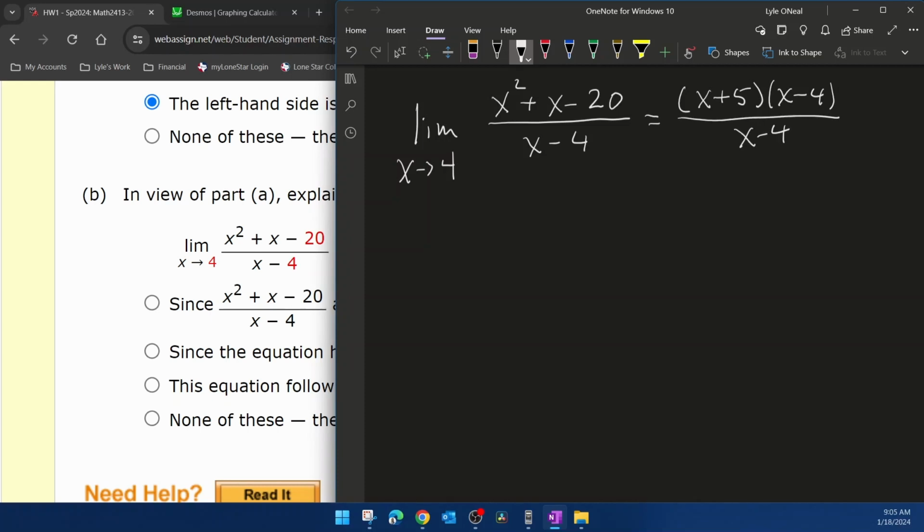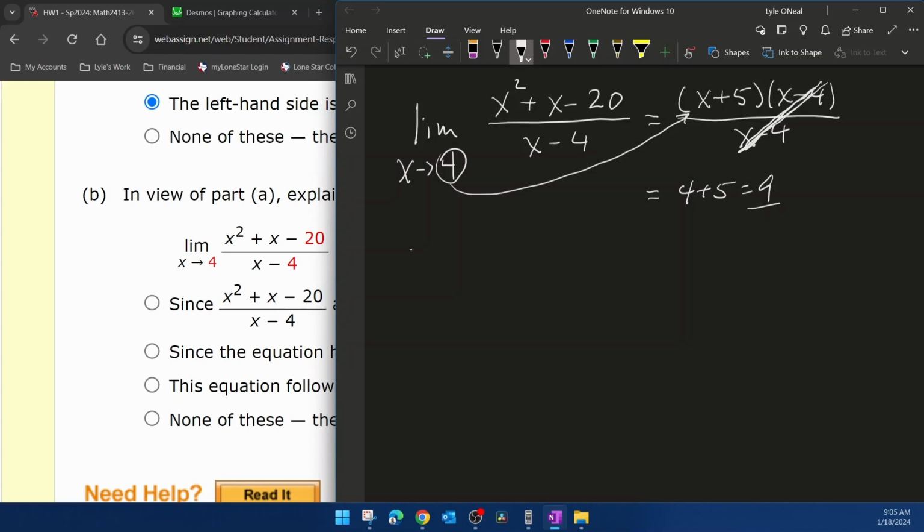Notice that when you factor, you can get this common factor to reduce out. At this point, you can then simply evaluate your expression at 4, and that will give you the limit as x approaches 4. Again, once you eliminate the undefined situation, you can evaluate the limit with direct substitution. 4 plus 5 is 9.